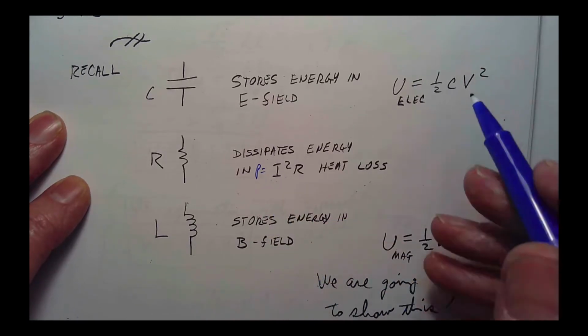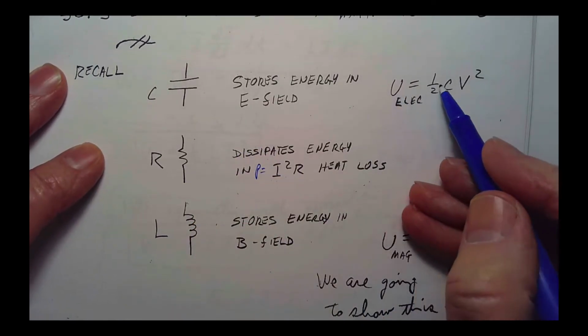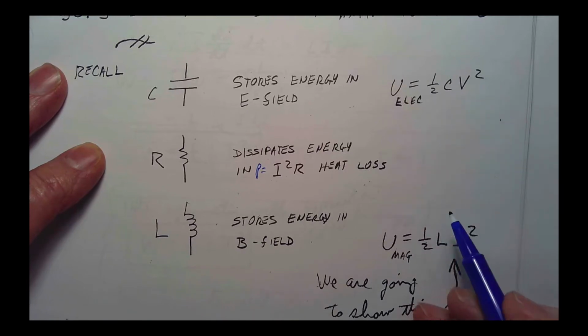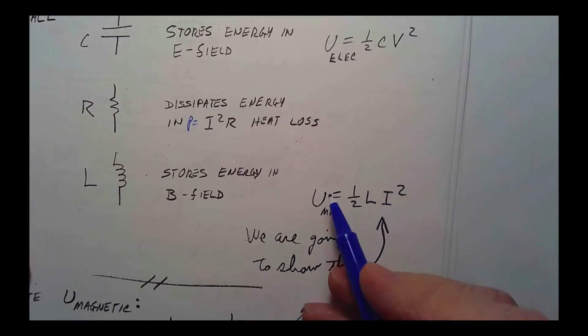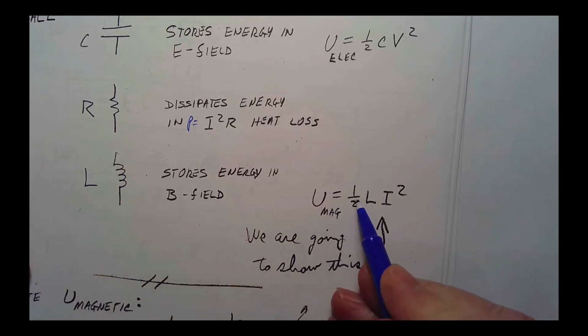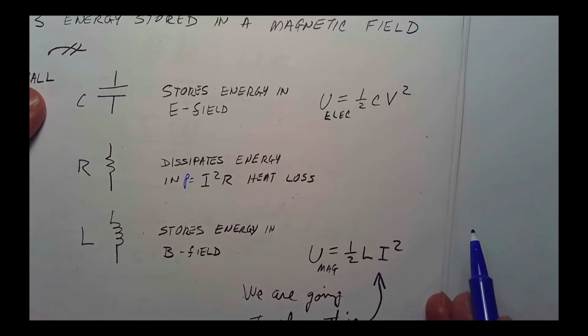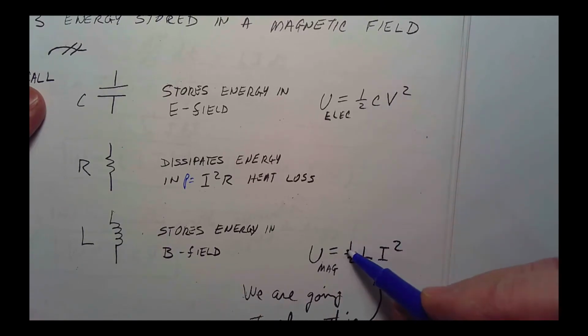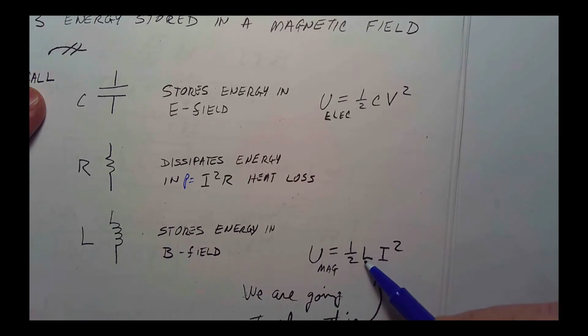Look at the parallel. We showed for a capacitor that the energy stored in a capacitor is 1/2 CV squared. We're going to show here in today's lecture that the energy stored in an inductor is 1/2 Li squared. Look at the parallel structure. 1/2, 1/2. The quantity C for the capacitor, L for the inductor.